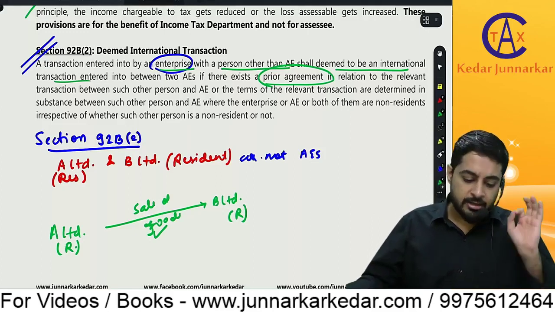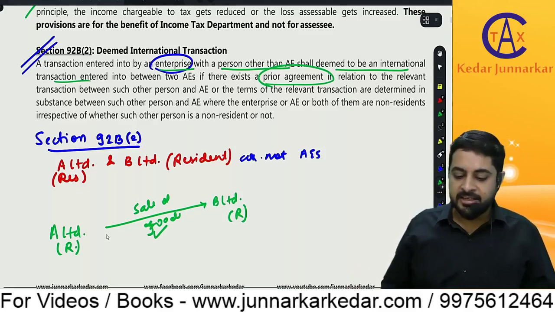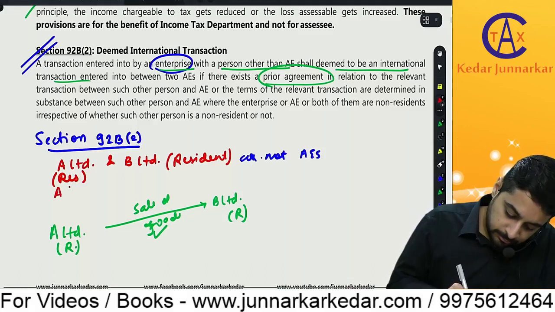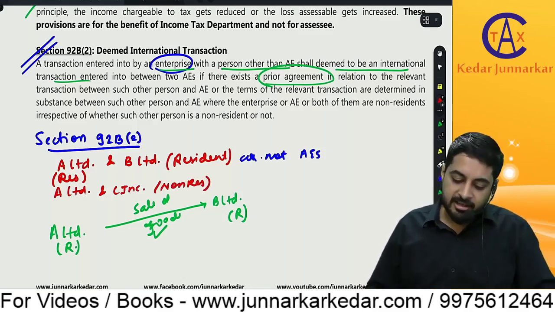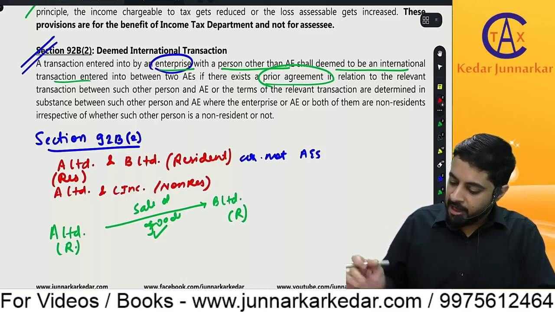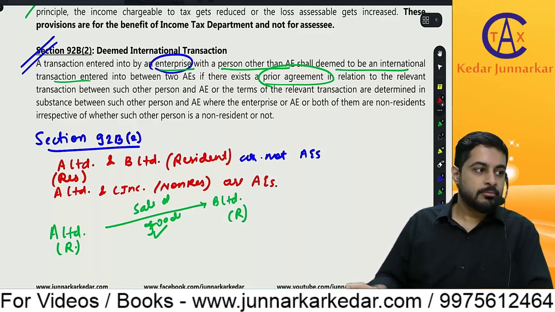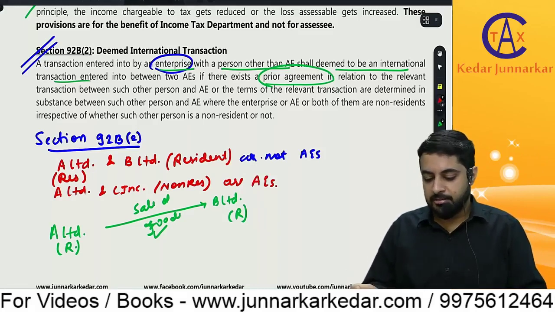So whatever I dictate, only write down that much. A Limited, resident, and B Limited, resident, are not AEs. And A Limited and C Inc., non-resident, are AEs, associated enterprises.